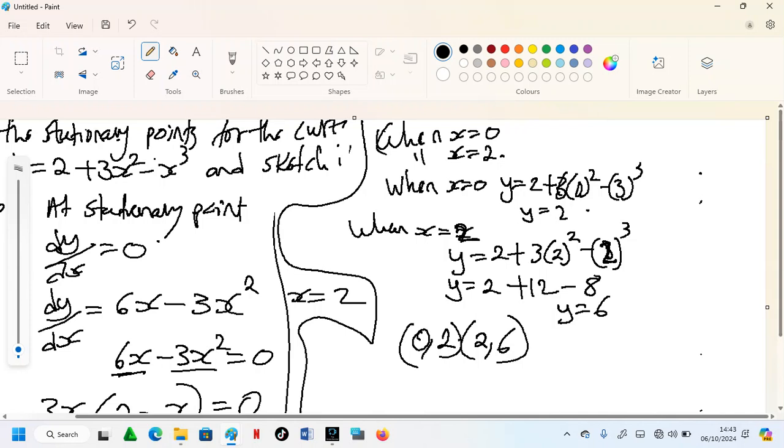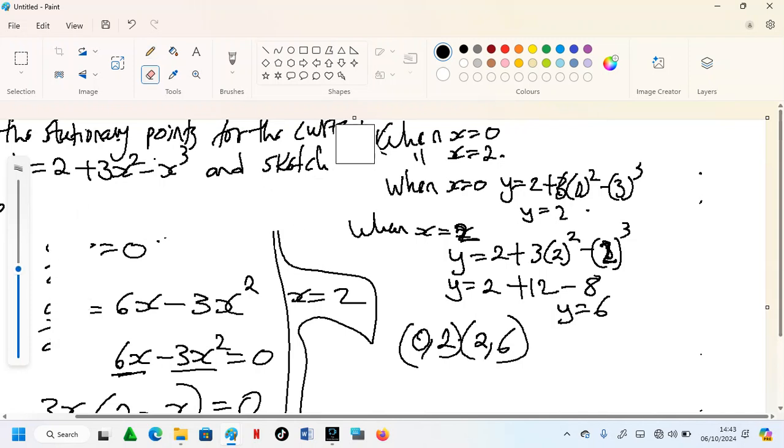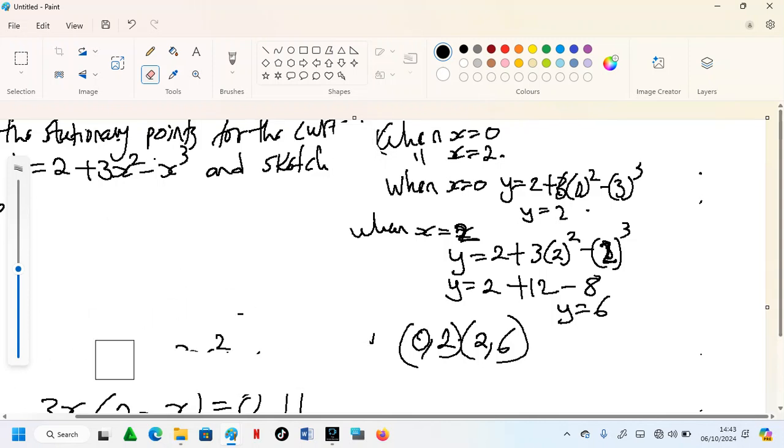So I'm not going to go to the neighborhood part, because they have already told us to sketch the curve. Whether or not we find the neighborhood of the stationary points, we still have to find y so that we can sketch the curve.